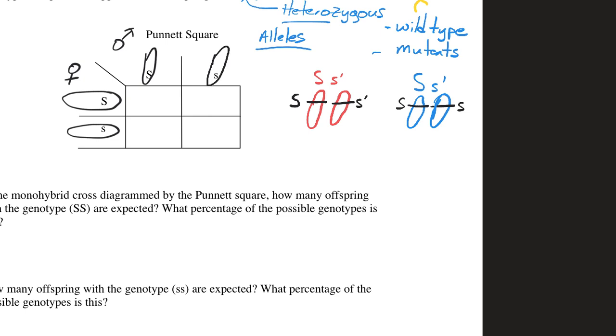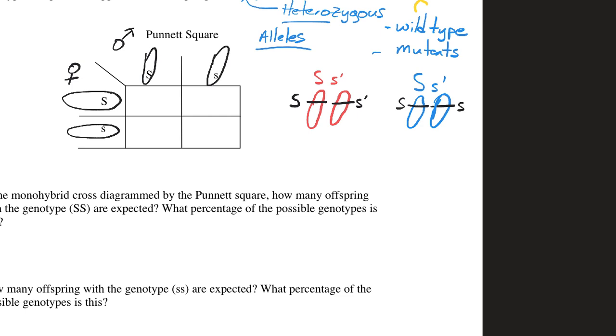One of these copies will end up in a sperm. The other will end up in another sperm. Which sperm gets to that egg? I don't know. Which egg does the sperm get to? The egg that has this chromosome, or the egg that has this chromosome? I don't know. It's random.